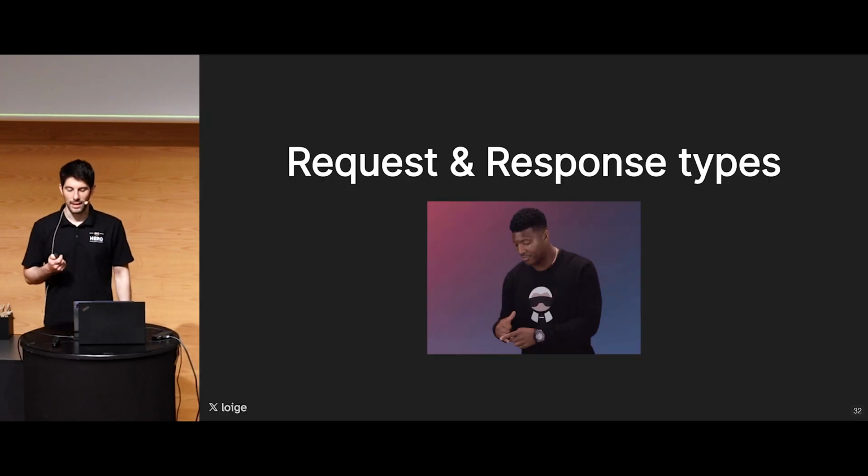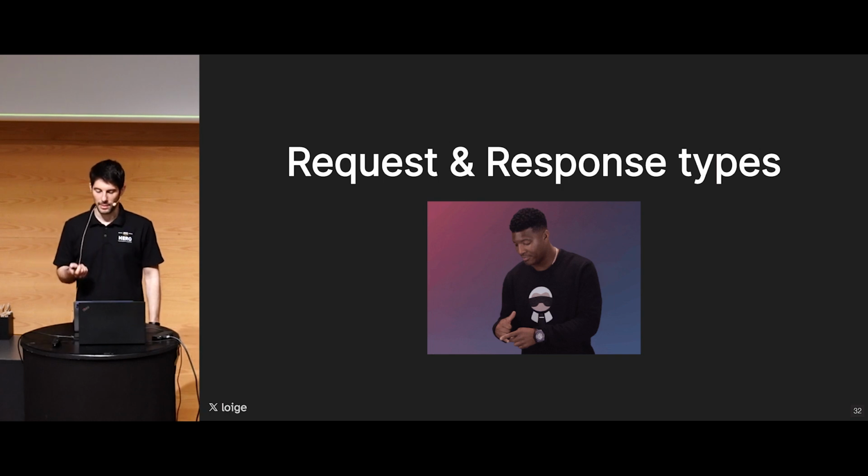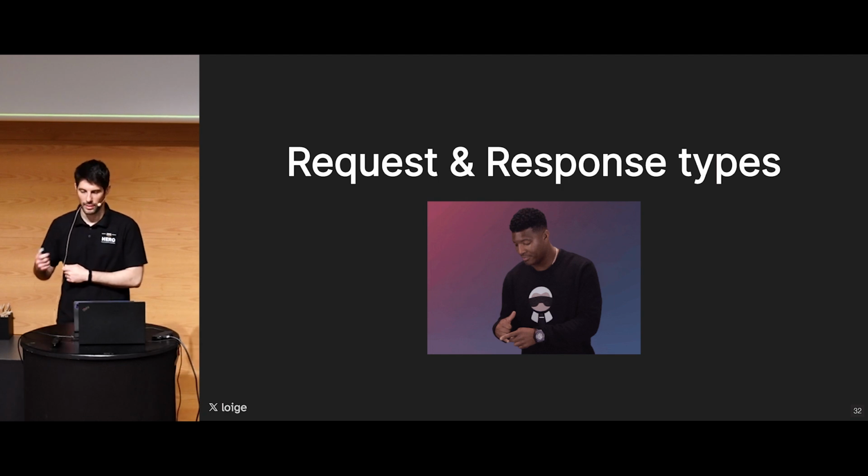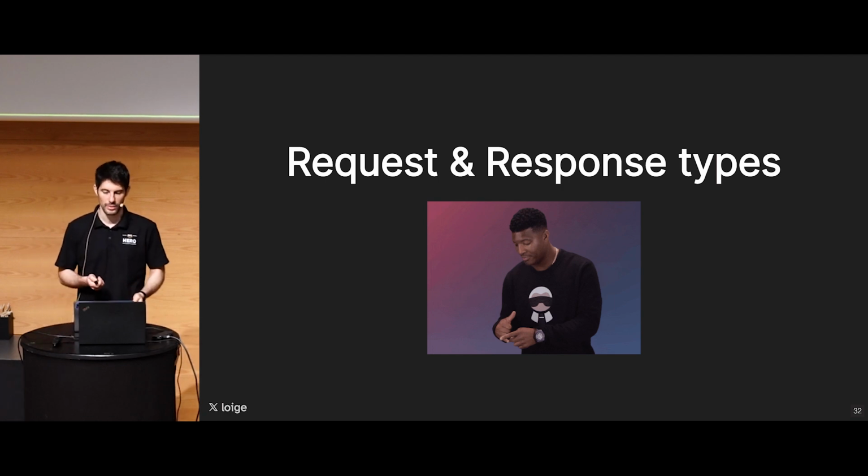But we say that Rust is a very good typed language. So can we take advantage of the type system for typing our requests and responses so that we can make sure that we use them correctly? We access the right fields, we return the response with the right fields and the right values. And if you have done any Lambda, you know that sometimes, for instance, when you use JavaScript, it's always a bit tricky to understand, okay, this is an API gateway event.